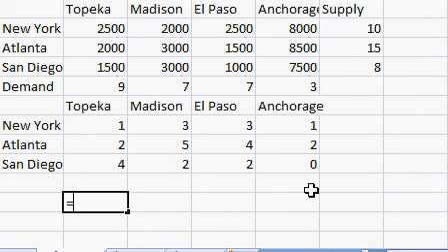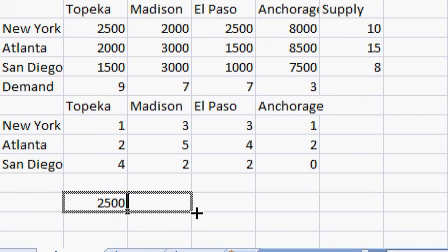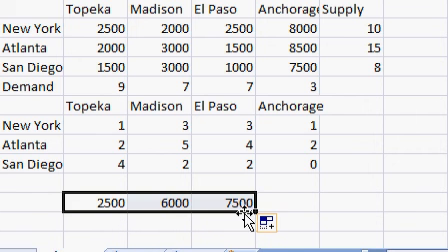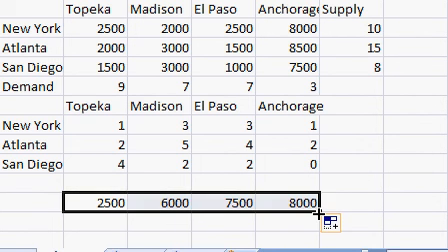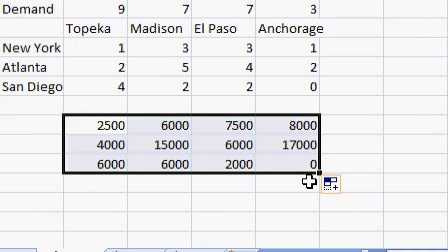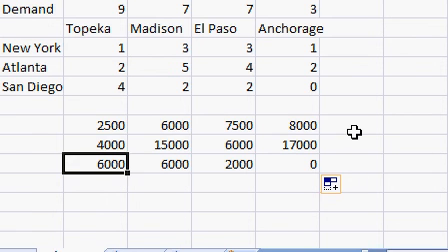So New York to Topeka, if I ship 1 unit, I'm going to pay $2,500. If I ship 3 units, I'll pay $6,000. If I ship 3 units from New York to El Paso, I'll pay $7,500, and so on. Right. So I've generated now these are the total costs.